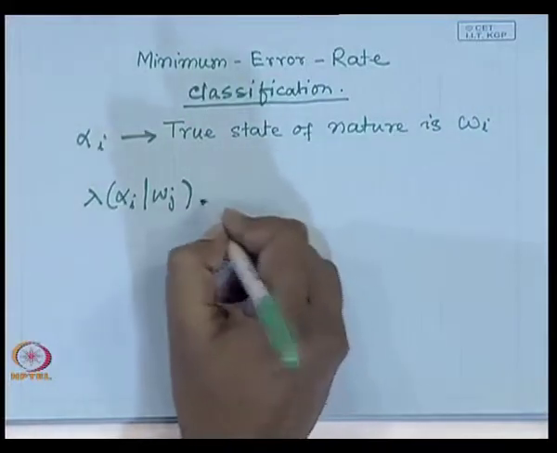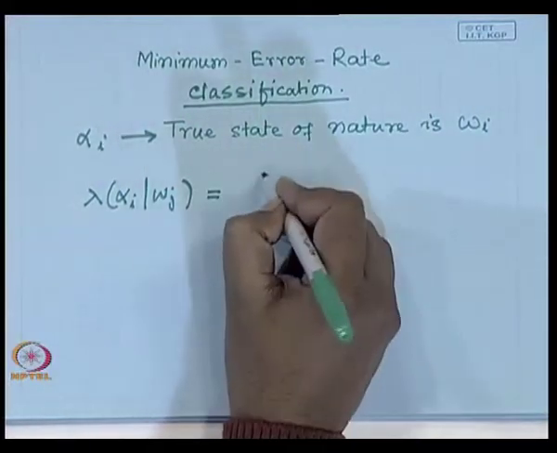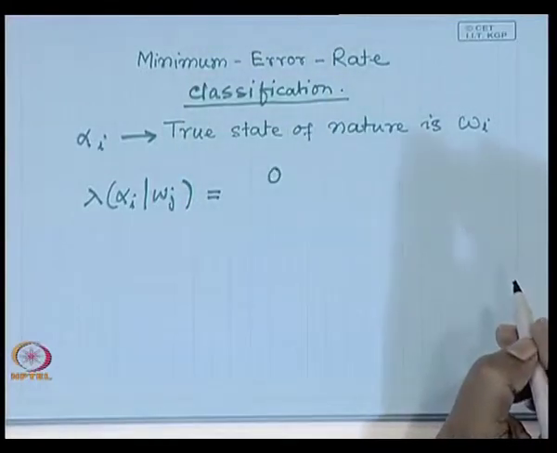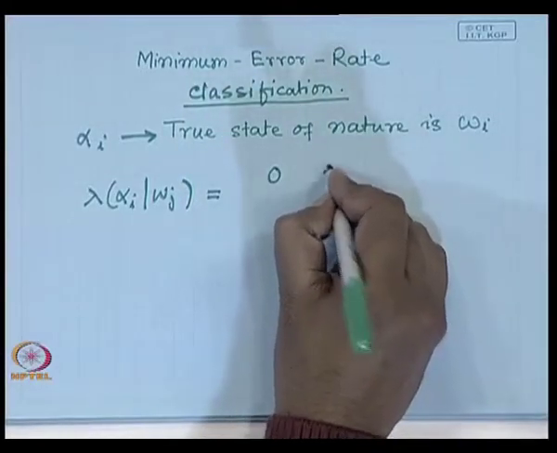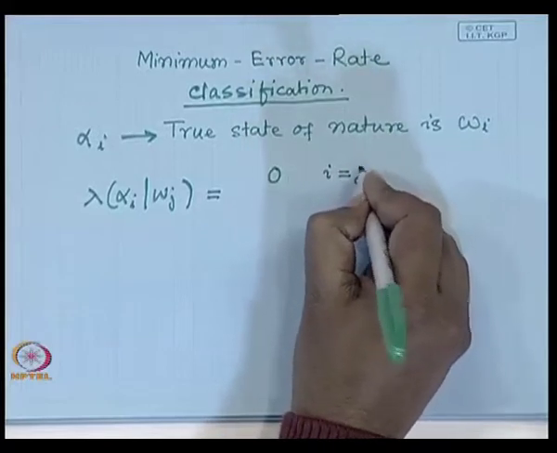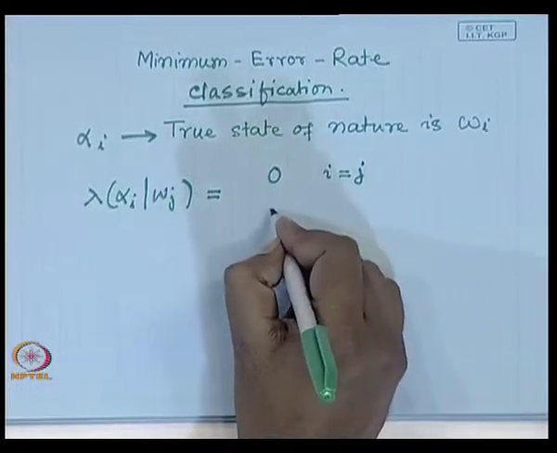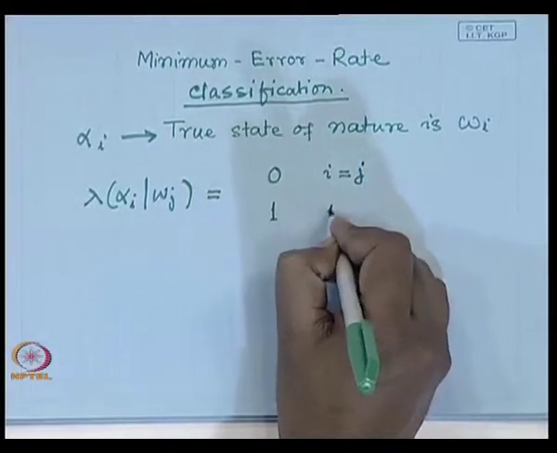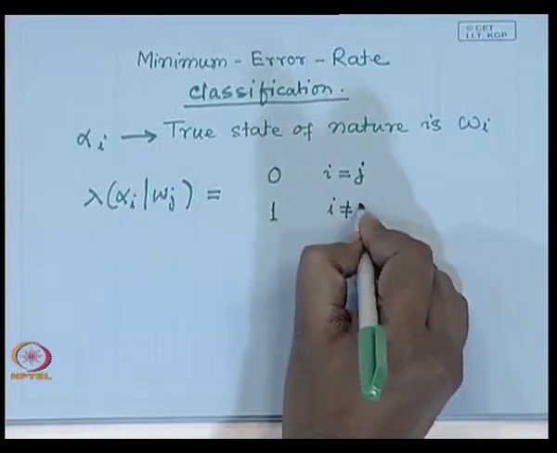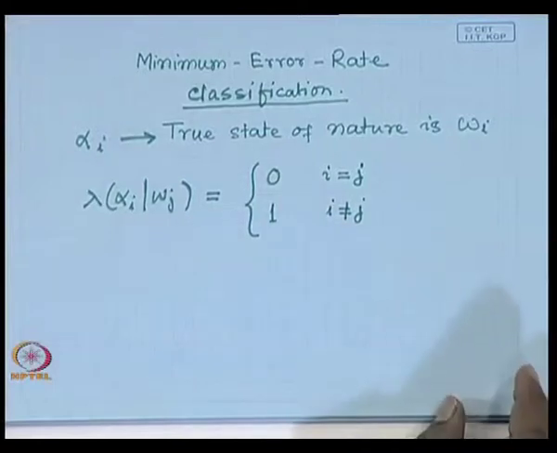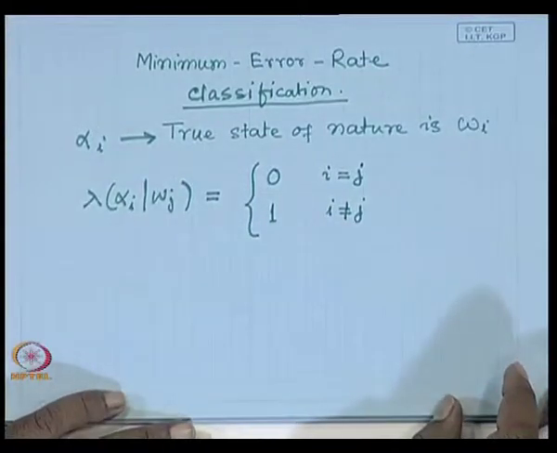So, I define this lambda of alpha i given omega j as equal to 0 whenever i is equal to j, that means I am taking the correct decision, and the loss function equal to 1 whenever i is not equal to j. This is how I define my loss function.